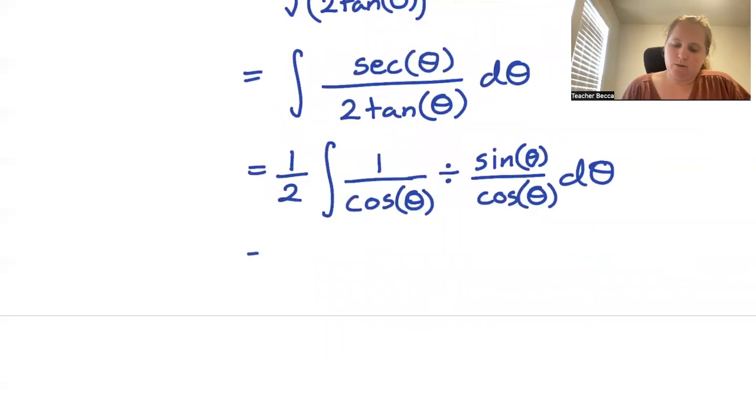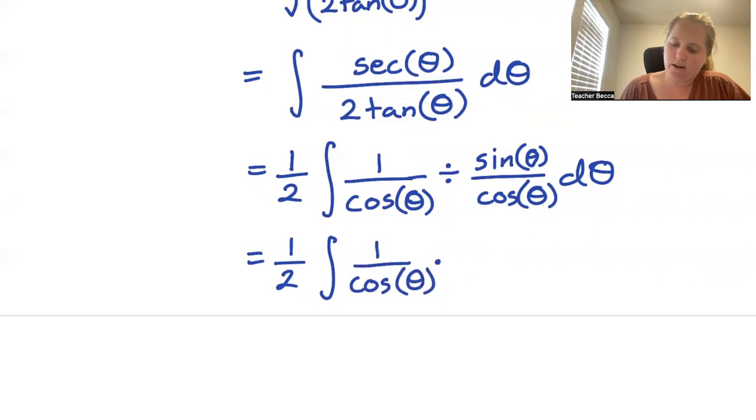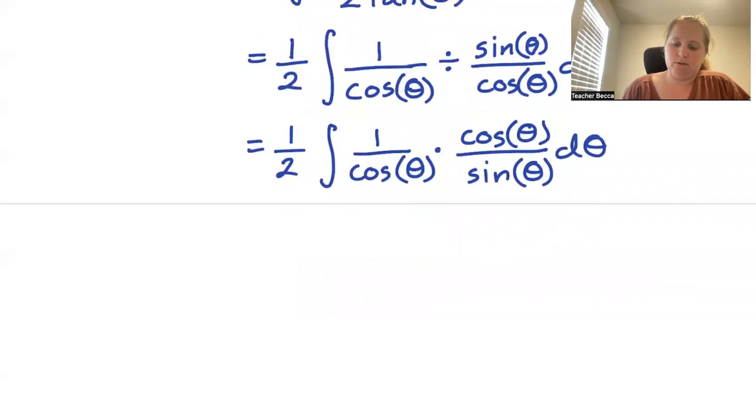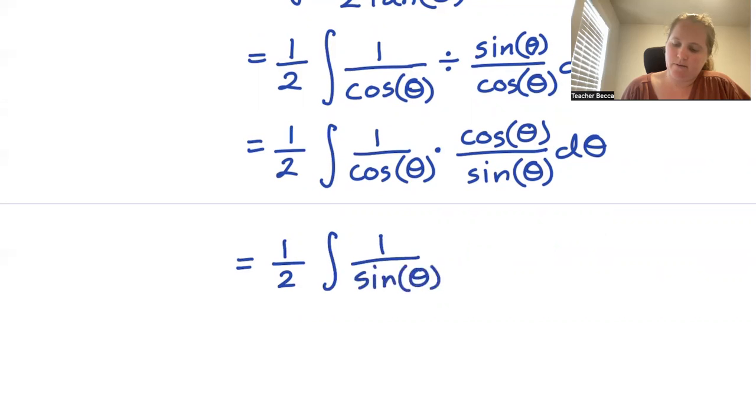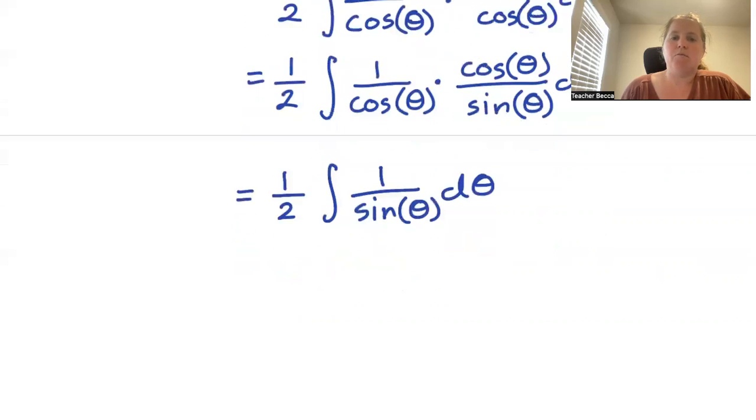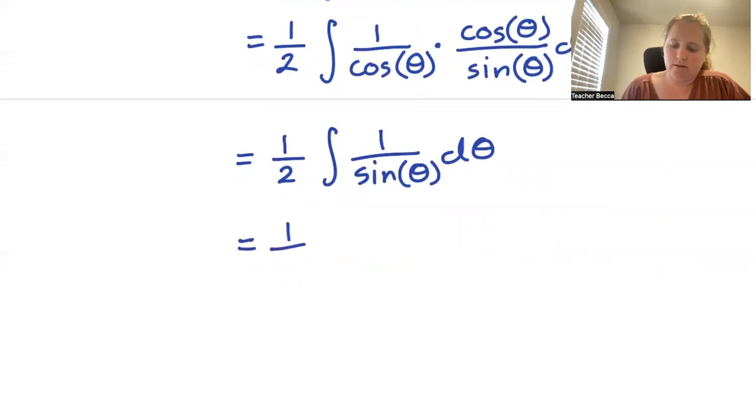So this becomes 1/2 the integral of 1 over cosine theta times cosine theta over sine theta d theta, otherwise known as 1/2 times the integral of 1 over sine theta d theta, better known as 1/2 times the integral of cosecant of theta d theta.